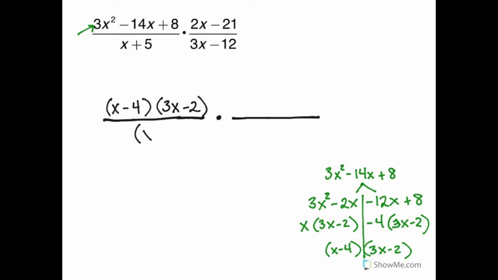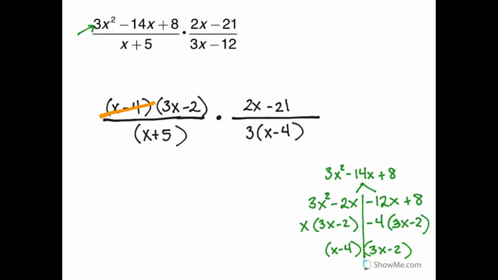X plus 5 can't be factored further. 2x minus 21 can't be factored further. 21 is not even. But 3x minus 12 I can factor out a 3, and that's going to give me x minus 4. Well, now comes the fun part, canceling.